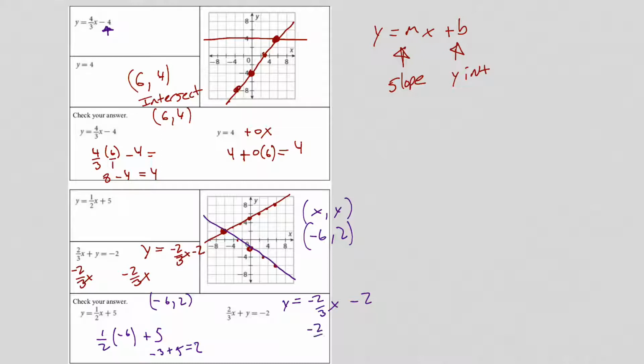It's negative 2/3 times the negative 6 minus 2 equal to 2. Well, this becomes negative 2 times negative 2, which is 4. So this is essentially 4 minus 2. And that is in fact 2.